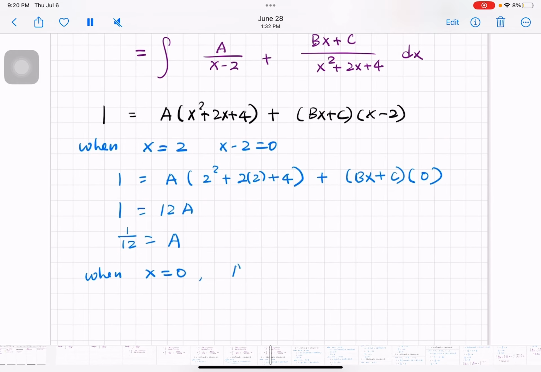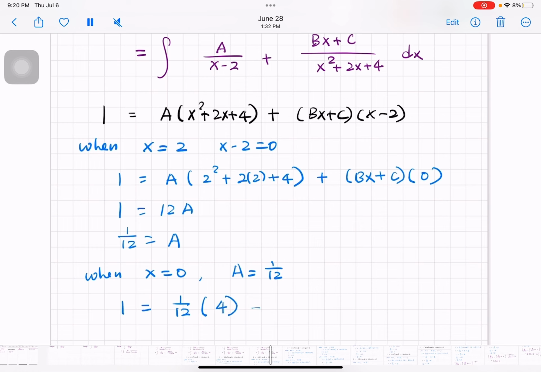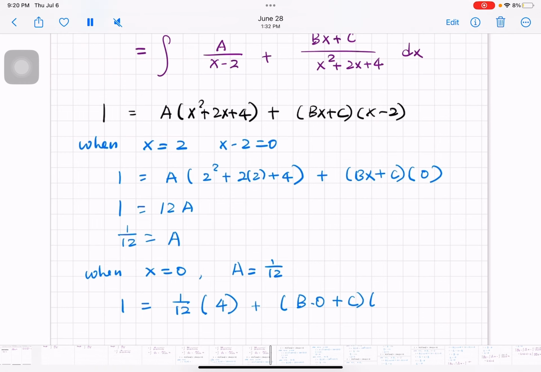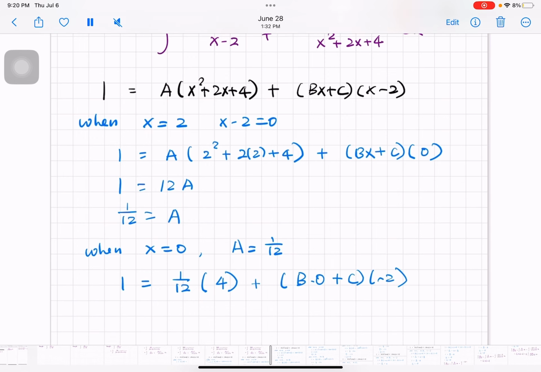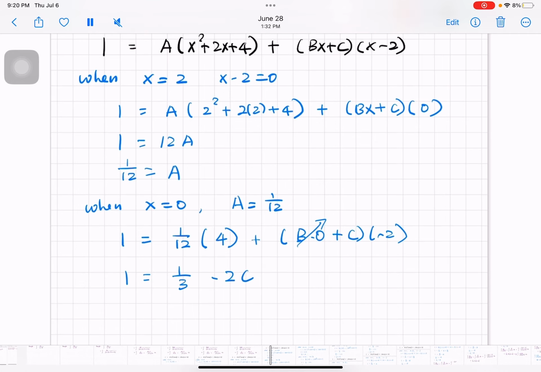Now I'm going to let x equal to 0 and also a equal to 1/12. In this version, I'm able to eliminate b and plug in a equal to 1/12. And I got 1 equals 1/3 minus 2c. 4 over 12 is 1/3.